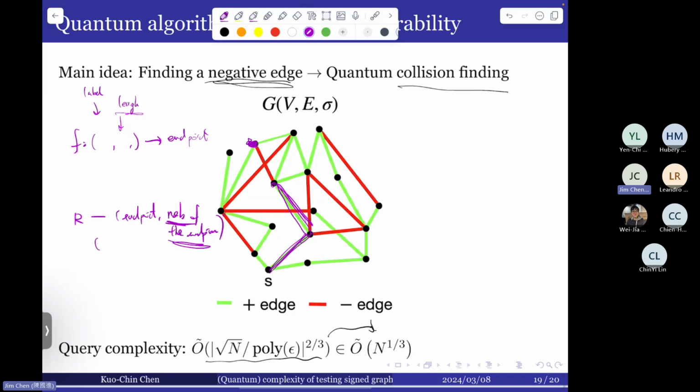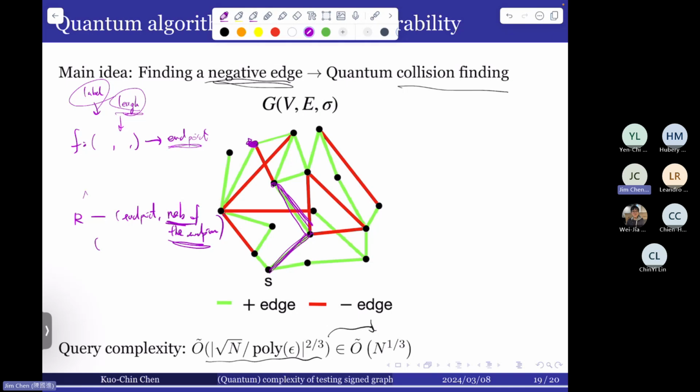Actually, the searching space is all of the lengths and all of the labels of walks. The output of the function is the endpoints and the neighbors associated with these endpoints.